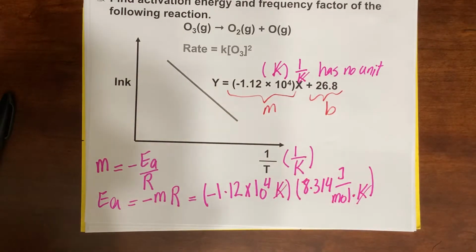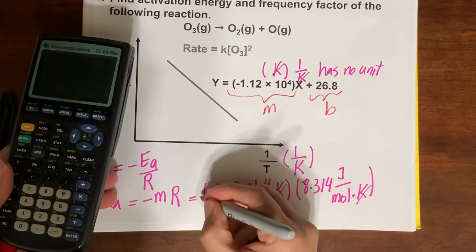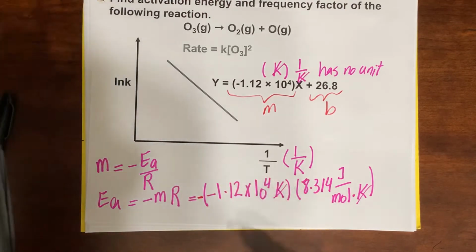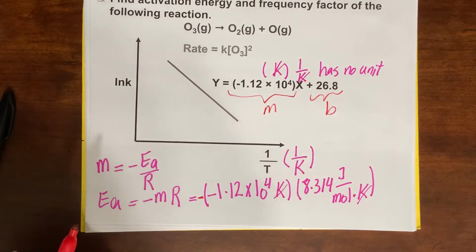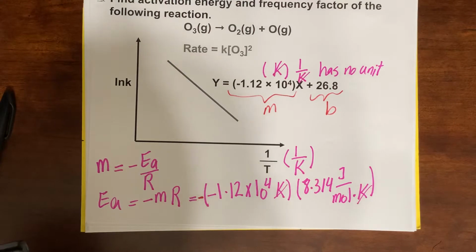And I forgot to add one negative here. There's a negative here from the formula, and that negative comes from m. So we have 1.12 times 10 to the power of 4 multiplied by 8.314. I got it: 9.31 multiplied by 10 to the power of 4. So double check it. 1.12 times 10 to the 4 multiplied by 8.314.